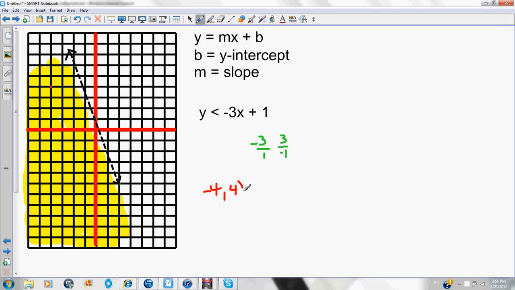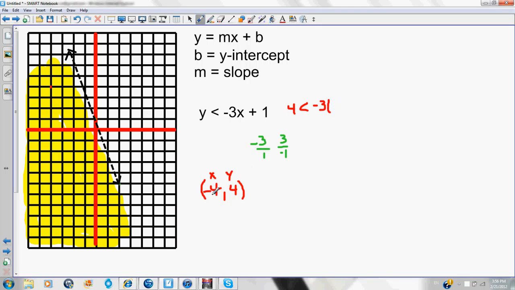So that is the point that we've chosen. Remember, this is always in the form of x and y. So we come up here and we go y, which is 4, is less than -3x. -3x means -3 times x.